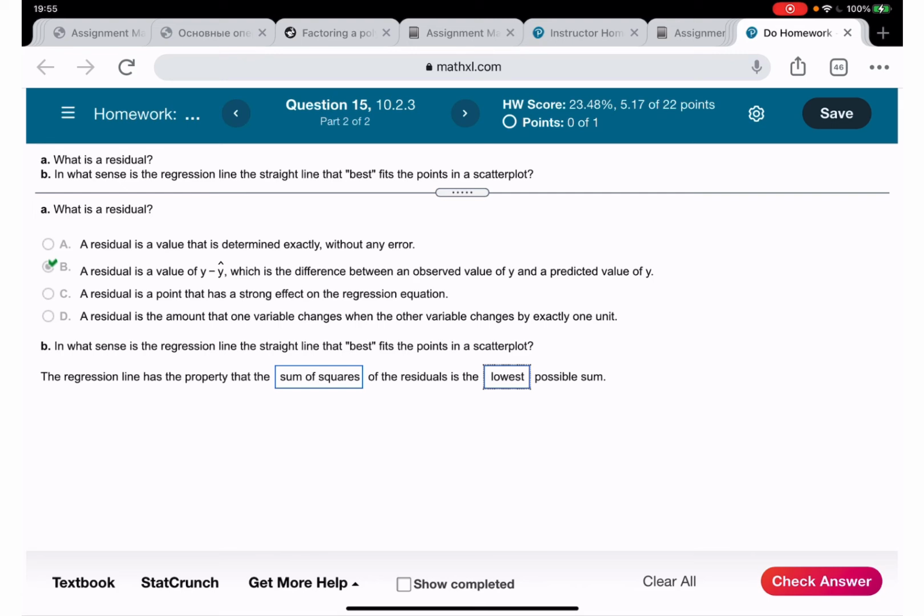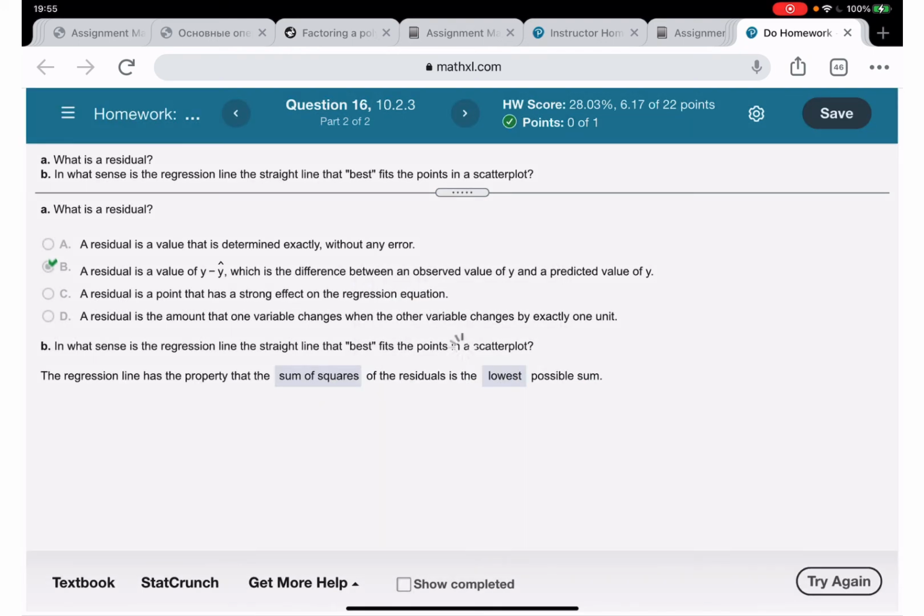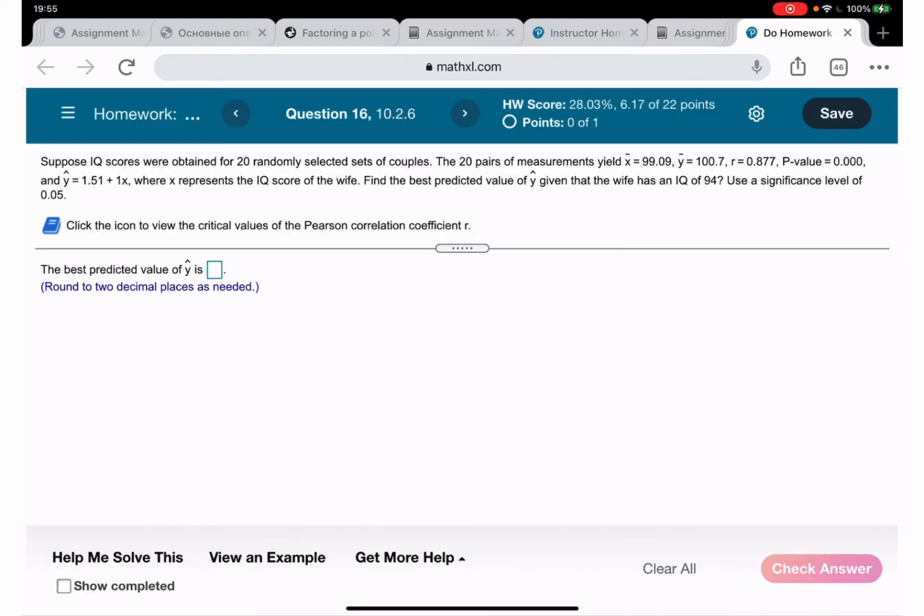Question number 16. What do we have here? Suppose IQ scores were obtained for 20 randomly selected sets of couples.